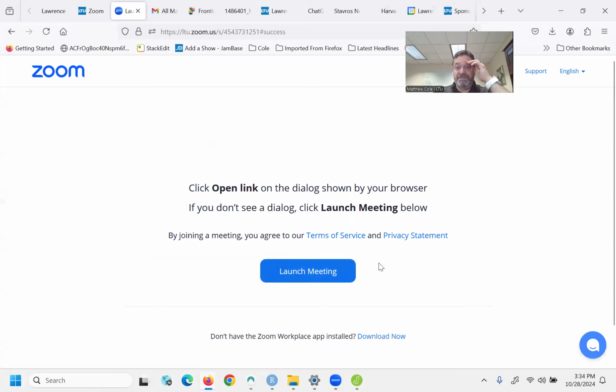And when you click start, it launches the meeting. Now, I don't know if this is going to do it, because I don't think you can launch a Zoom inside of a Zoom, but you would launch it, and then you will click on share your screen.